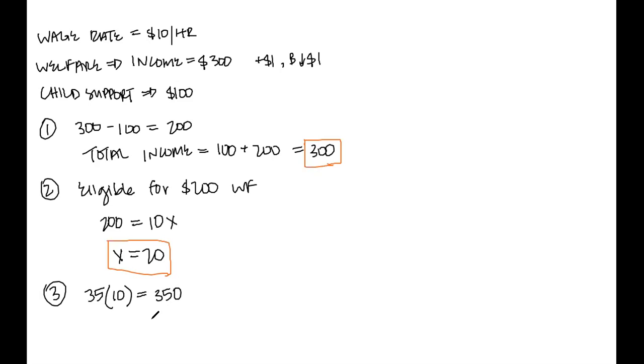We can see that since she's already receiving more than the welfare guarantees, she's not going to receive any welfare. But she is still receiving $100 from child support, so we can add $100 onto that to give us $450 of income.